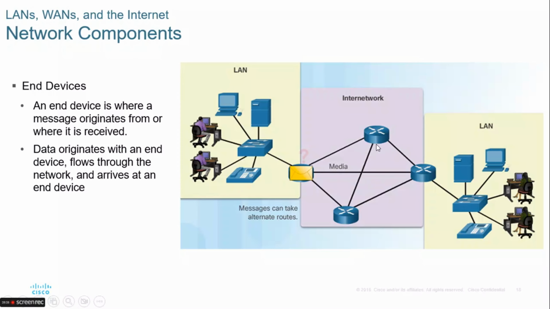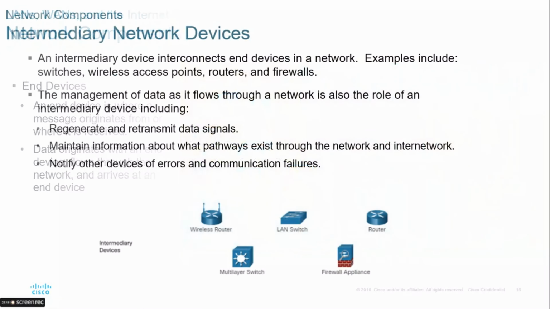And when I say switches, in Cisco, we've got layer 2 switches, mostly used in LAN, and layer 3 switches that serve as LAN switches and also as routers, depending on the objective. So these are devices that are positioned in the center of the network. It includes switches, wireless access points, routers, and firewalls.